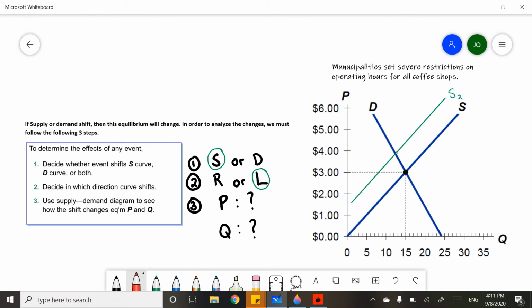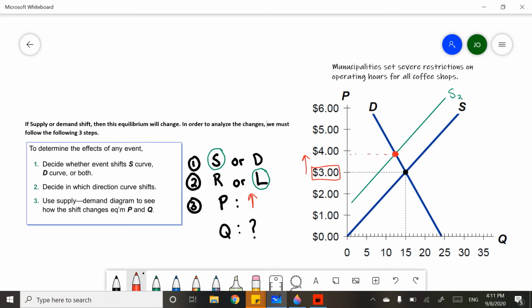Our new equilibrium is here, the red dot. So let's analyze what happened to our price. Our original price was 3, and now it's somewhere closer to 4. So our price increased.